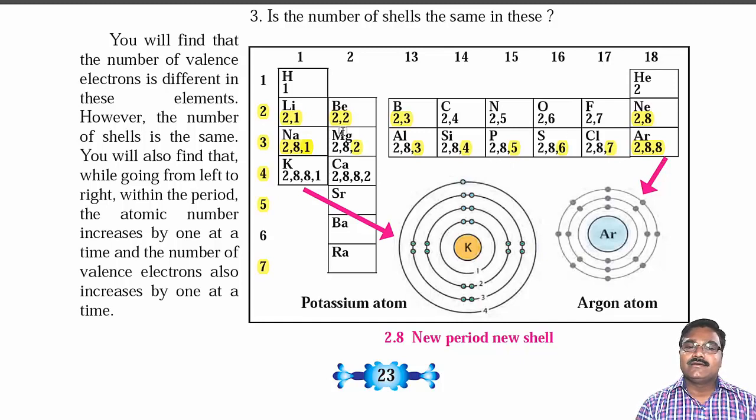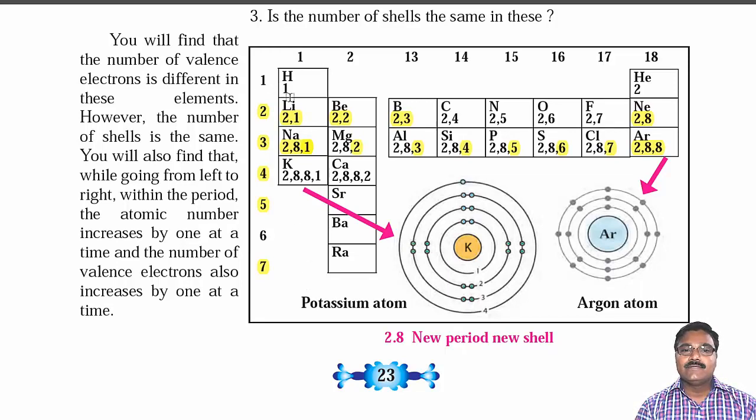Hence, here we can see as we move from left to right, valency goes on changing. That means its valency changes from 1 to 4 and then decreases from 4 to 0 along the period. Now, what will happen down the group?